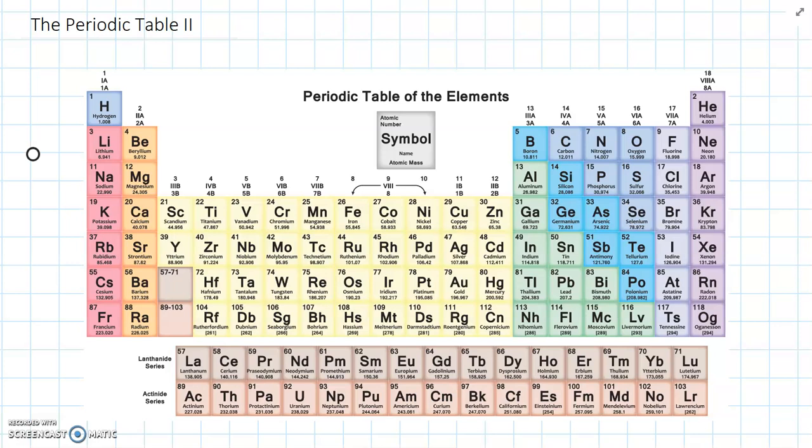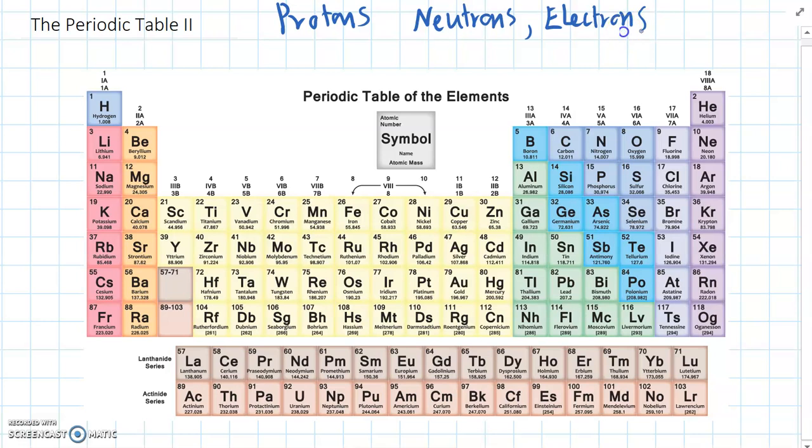Alright, now that we know that atoms are made up of subatomic particles, we've got protons, neutrons and electrons.